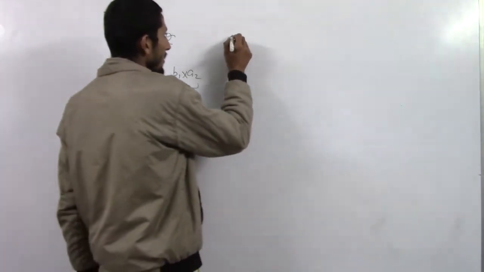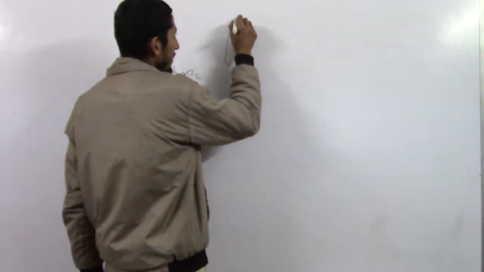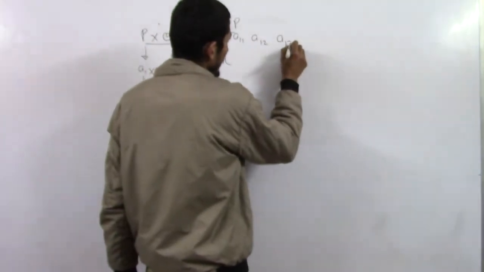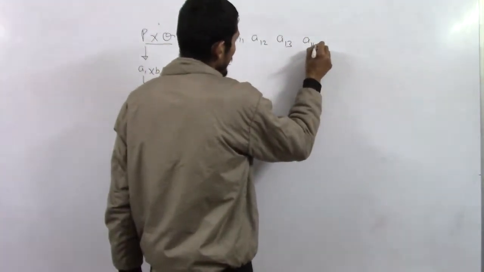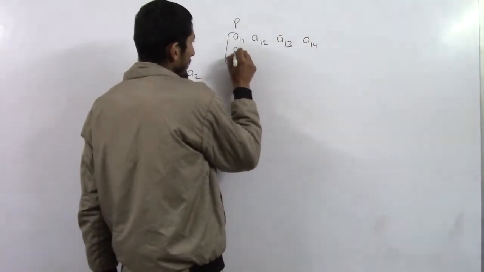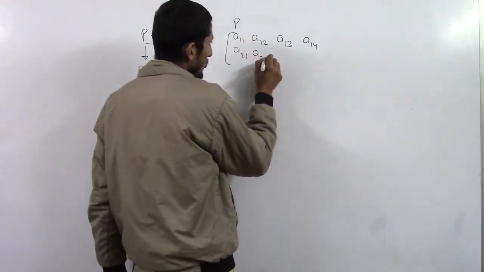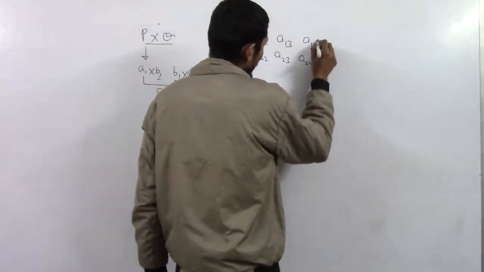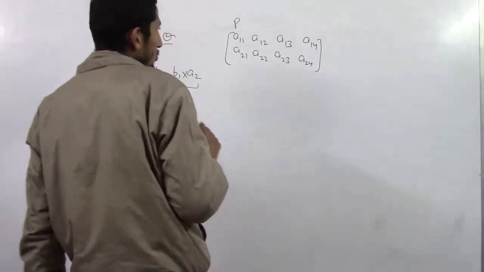Let's say I have a matrix P: A11, A12, A13, A14, and A21, A22, A23, A24. So it is a matrix having size 2 cross 4.